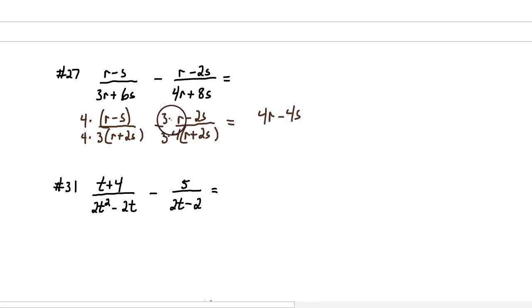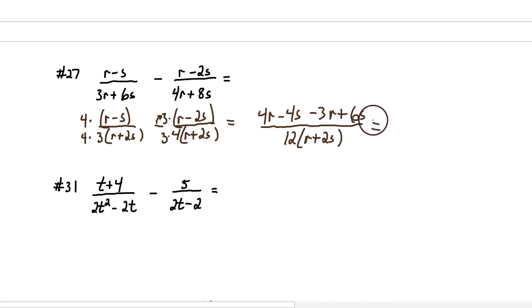Now we have a minus sign. Let's put that minus sign with the 3 and think of it as negative 3. Negative 3 times r minus 2s makes negative 3r plus 6s. And that's all over our common denominator of 12 times r plus 2s.